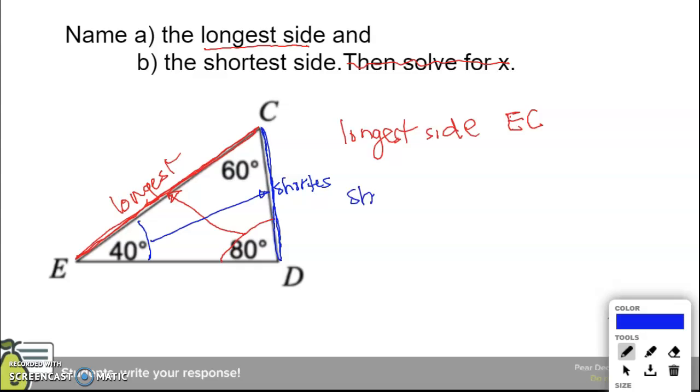So the shorter side is CD. Okay, actually, to be precise, we need to use the correct notation. If I do not have that bar, that means I am referring to the side length. If I have the bar on the top, that means I'm referring to the side.